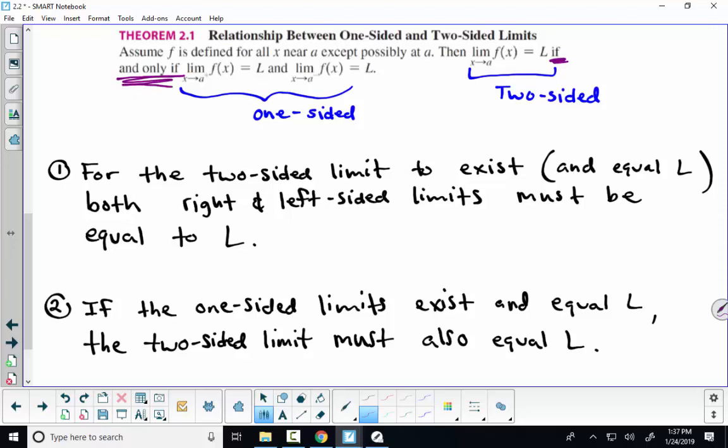You can read them both ways. Whether you change the argument or not doesn't make a difference. So like the if and only if is like a two-way street. I can read it this way and I can read it that way.